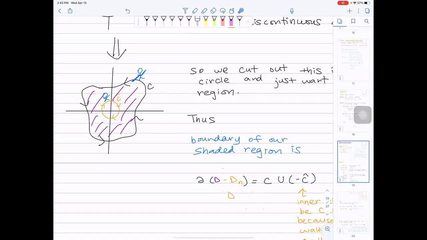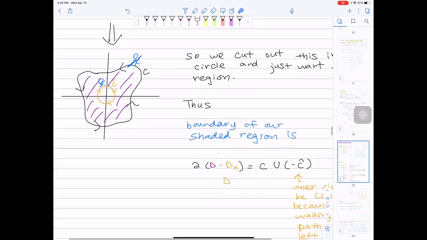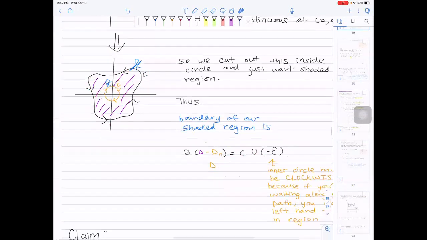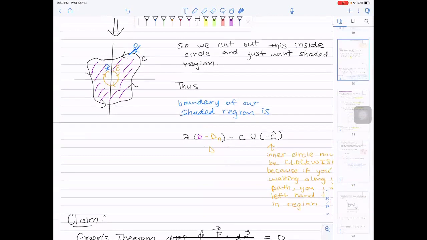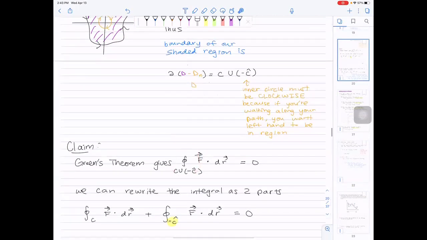So now we have this large region with something cut out. We're going to take care of the hole by saying that the boundary of our shaded region is the union of the black curve and the orange curve. And so now, since we have a boundary, we can use Green's theorem over this union boundary.